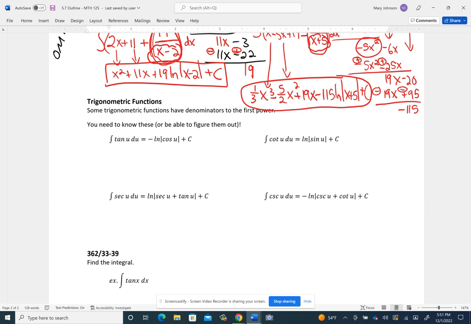Okay? So for instance, back in chapter 3, you knew that if you had a secant function, the derivative of that would be secant x tangent x. So if you were trying to integrate something like secant x tangent x dx, you could do it because that perfectly matches one of the derivative rules from chapter 3.